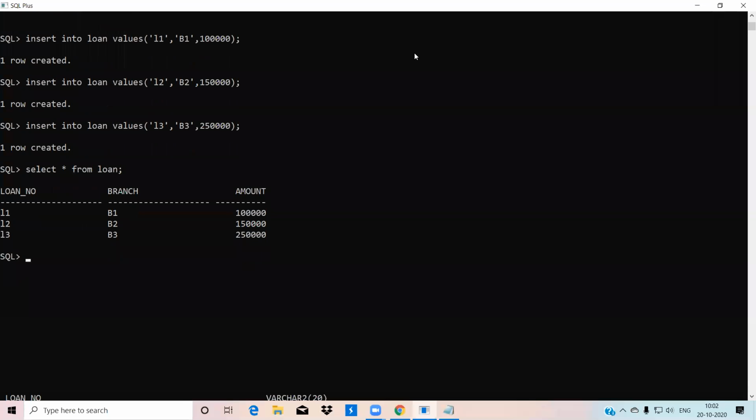Now let us insert the data into the borrow table.